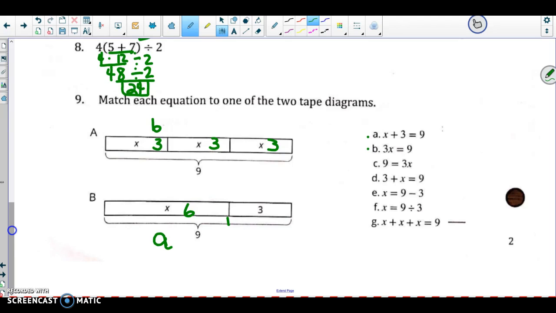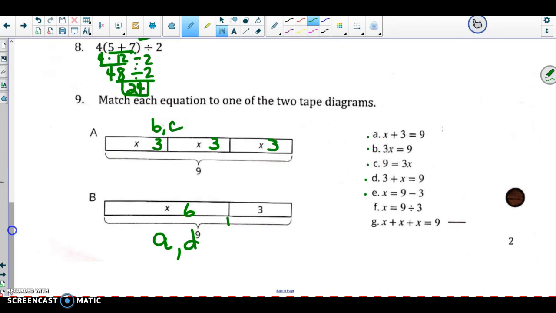C, if you notice, is the exact same thing, just flip-flopped. So it's going to go up here. Same thing with D. It's the same as A, just flip-flop. So we're going to put D down here. E, x equals 9 minus 3. So to get that x, if I take 9 minus 3, I would get 6.